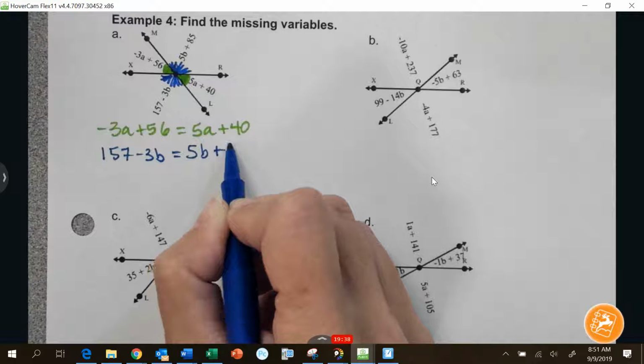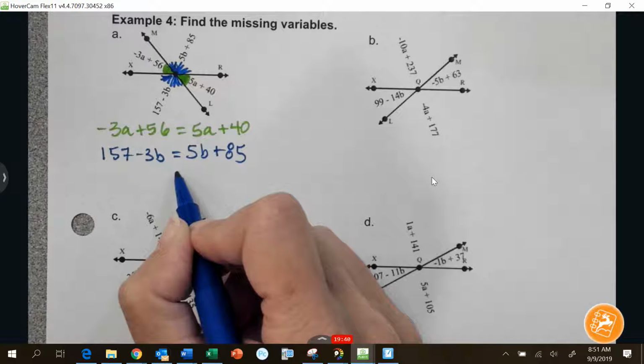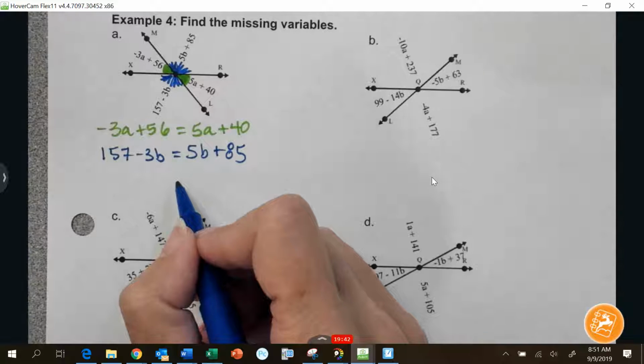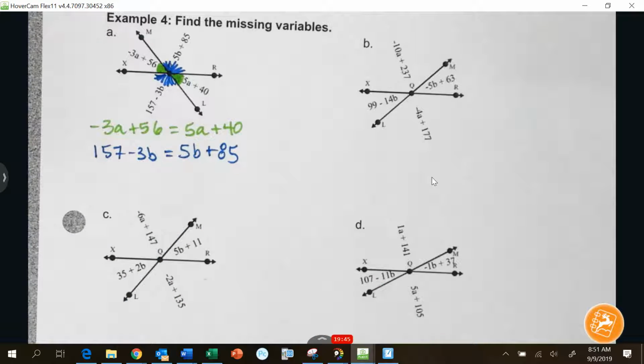Okay, why would you put them equal to each other? Because they're vertical angles, and vertical angles are congruent. Perfect. Yeah, so that they would be equal to each other. That looks good. I think all of these are vertical angles.